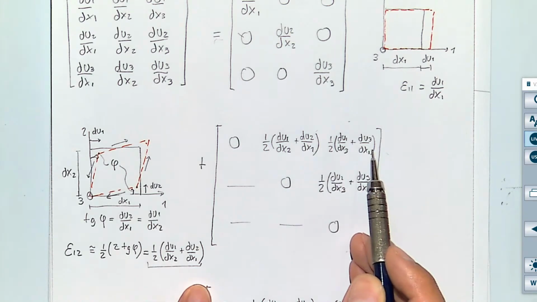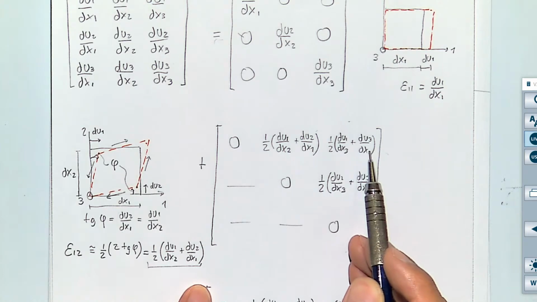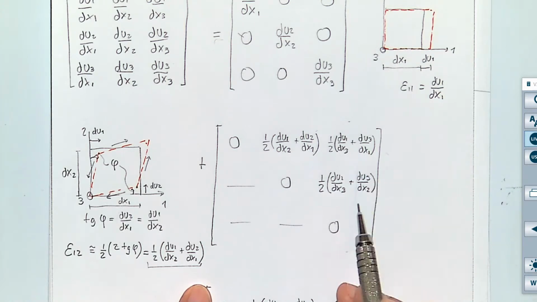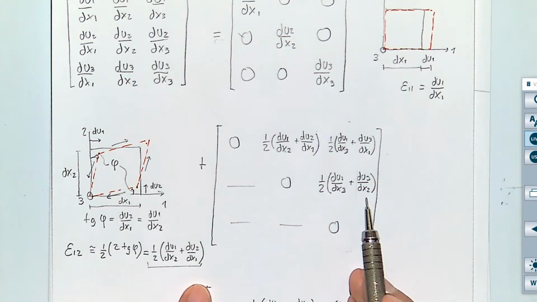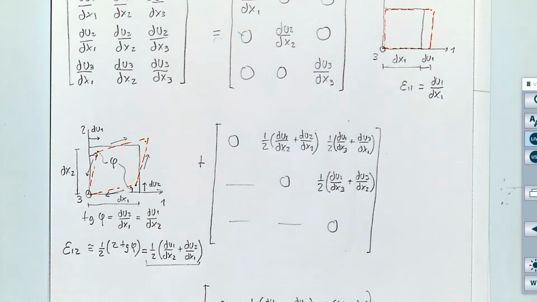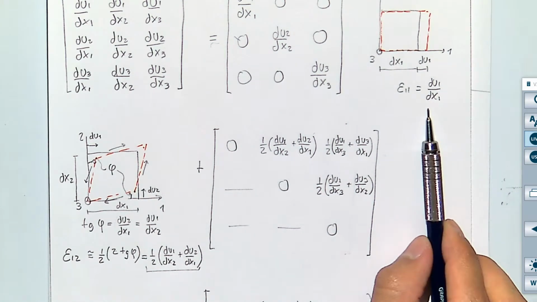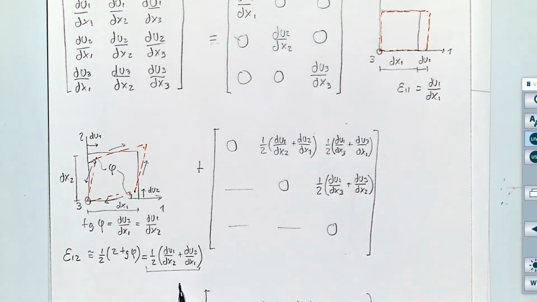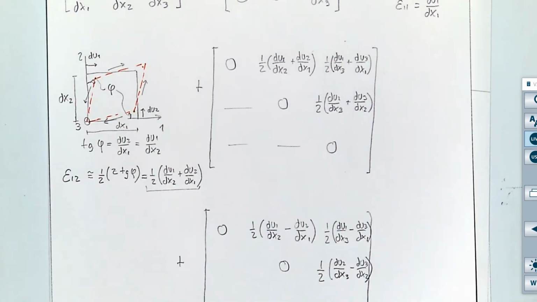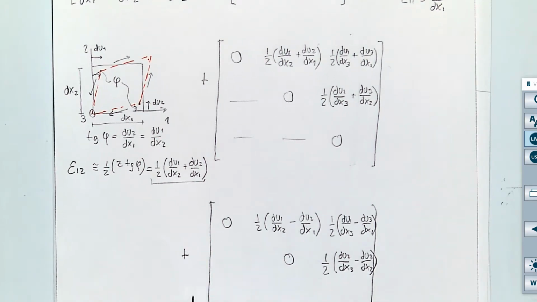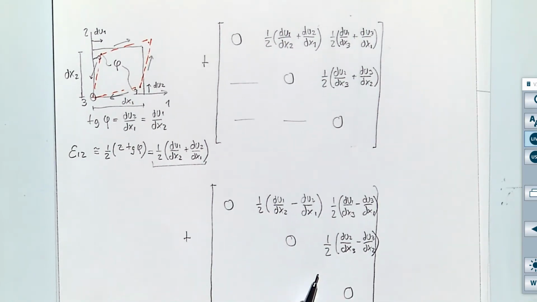And this one is going to give me the shear strain in the plane 1,3, and this one in the plane 2,3. All of those are going to be shear strains. So I have linear strains, I have shear strains. Let's see what's going on with now this one.